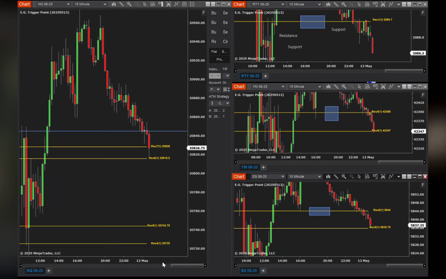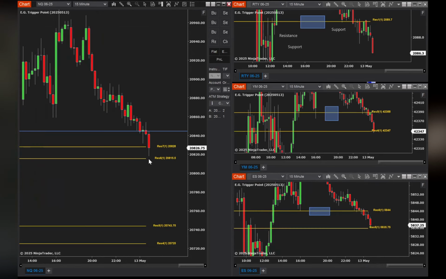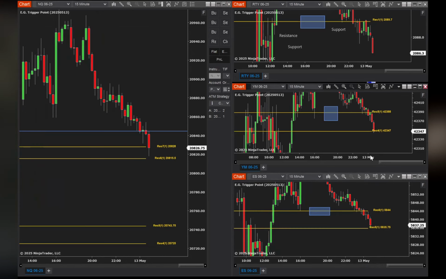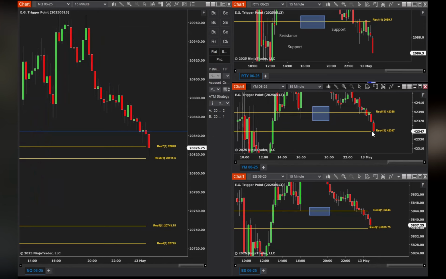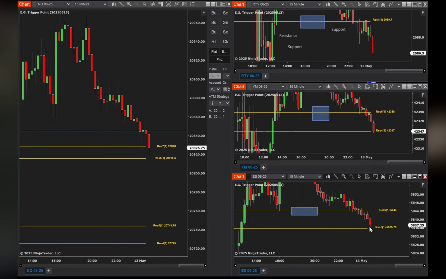Now look, NQ didn't hit its support, so what you have to do is monitor the correlated assets and understand that NQ may not hit your exact profit target, so you need to go out at the closest line, in this case, ES. When NQ hit this point, ES hit its support, and this is a good profit target.